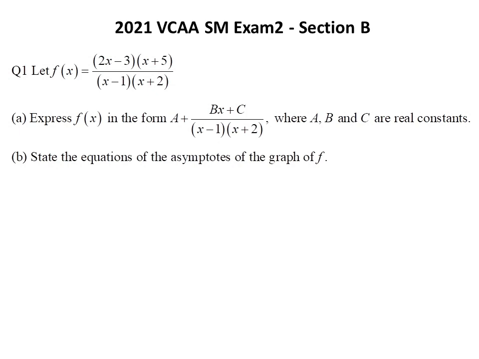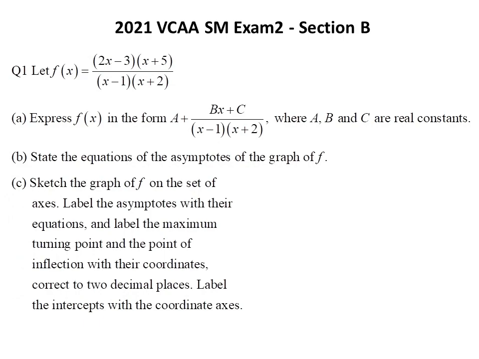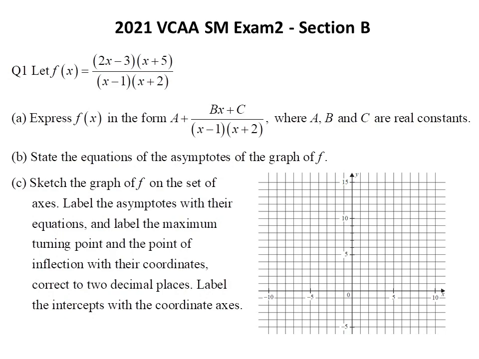Part B is to state the equations of the asymptotes of the graph of f of x. Part C is to sketch the graph of f of x on the given set of axes. Label the asymptotes with their equations, and label the maximum turning point and the point of inflection with their coordinates. Label the intercepts with the coordinate axes.